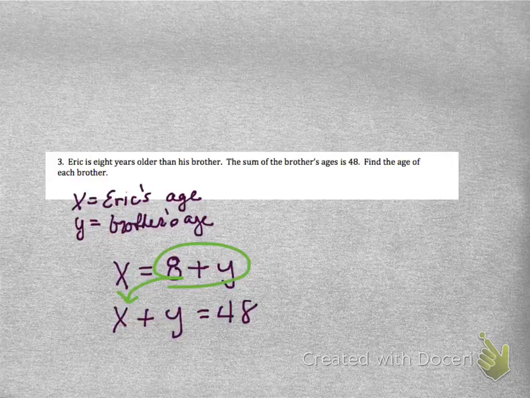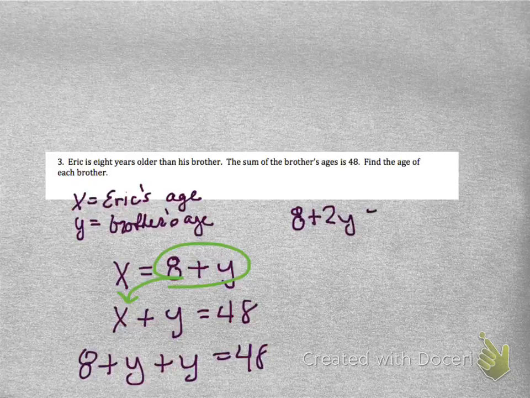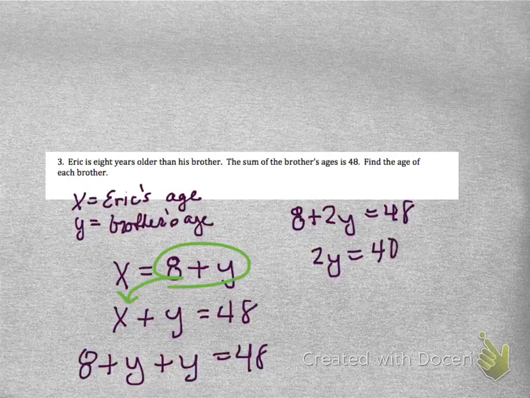If I substitute in 8 plus y for x, I get 8 plus y plus y is equal to 48. And so that gives me 8 plus 2y is equal to 48, which means 2y is equal to 40, and y is equal to 20.